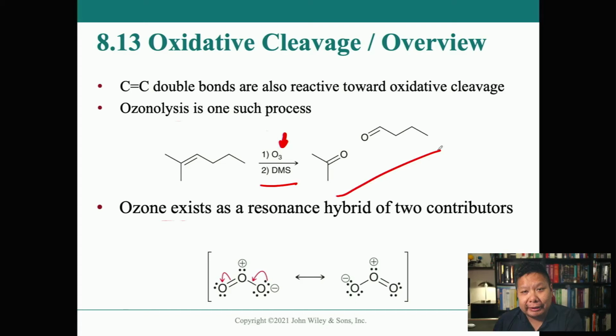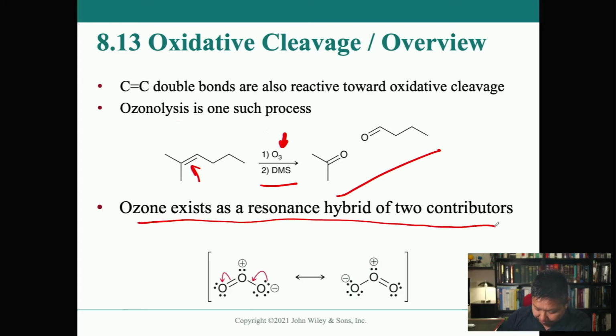You literally are cleaving the bond where the double bond is, by oxidation using ozonolysis. So ozone actually exists in a couple different hybrid forms. You've got this hybrid contributor here, and then that hybrid contributor over there. It's all resonating back and forth, or somewhere in between.